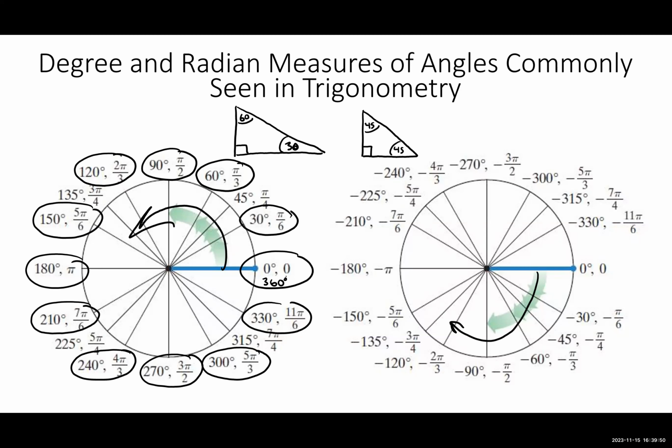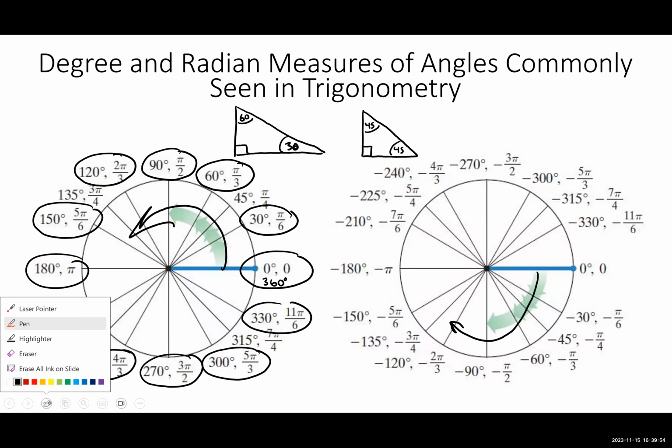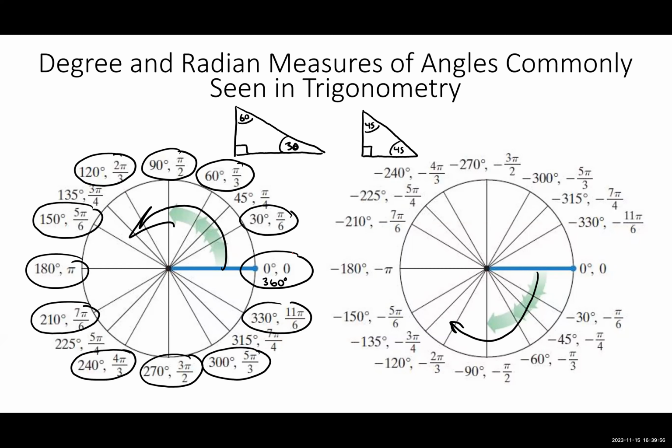Those are the angles we're going to be really focusing on. Multiples of 30. Also, multiples of 45: 0, 45, 90, 135, 180, 225, 270, 315, 360. There's some overlap, right? 90 is a multiple of 30, but it's also a multiple of 45.